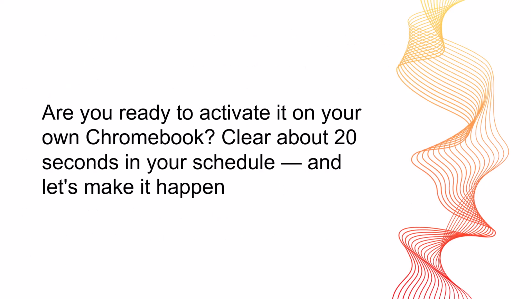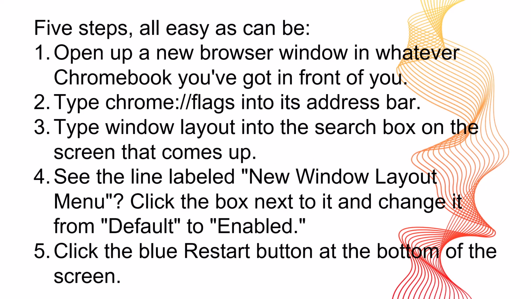So, are you ready to activate it on your own Chromebook? Well, clear about 20 seconds in your schedule and let's make it happen. The 5 steps, all easy as can be. First, open up a new browser window in whatever Chromebook you've got in front of you. You type in chrome://flags into its address bar.